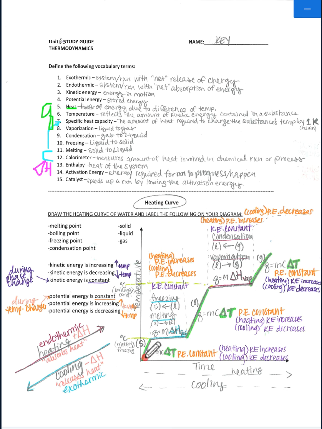Anytime you're climbing on this graph, whether going up or down, a change in temperature is a change in kinetic energy because the particles are changing their speed. We know particles are moving, and the hotter they are, the faster they move. So once again, anywhere on this climbing graph, kinetic energy is changing.